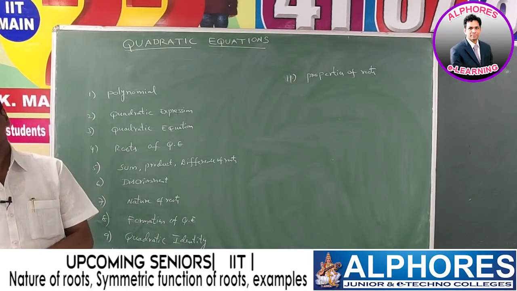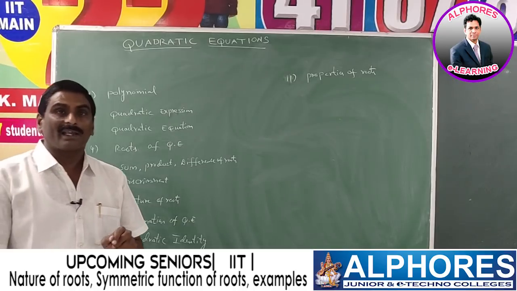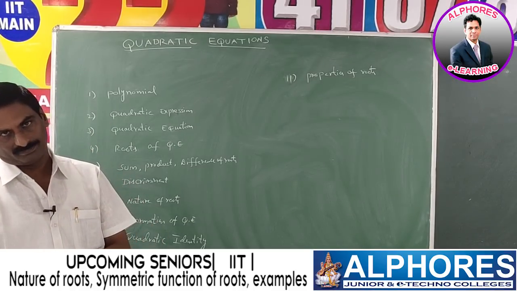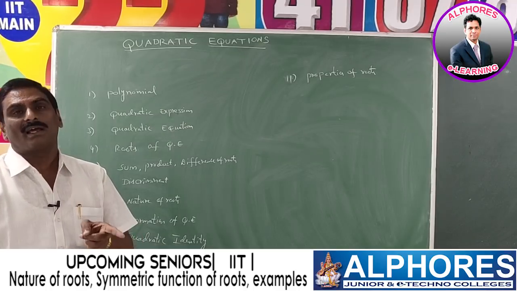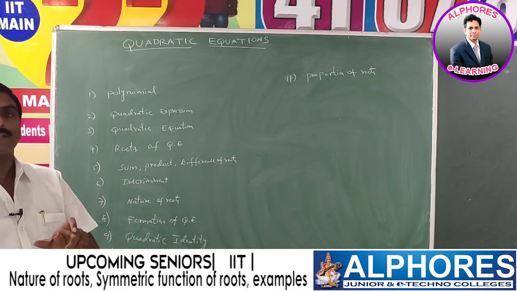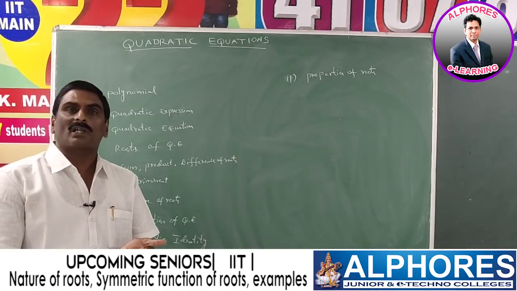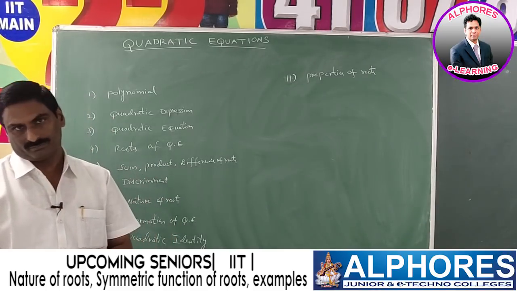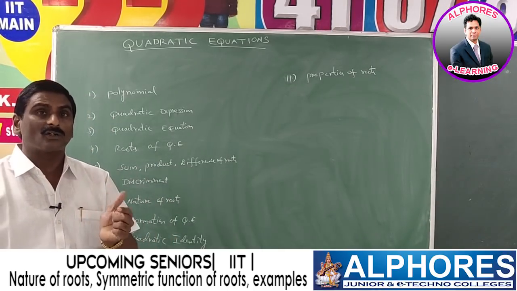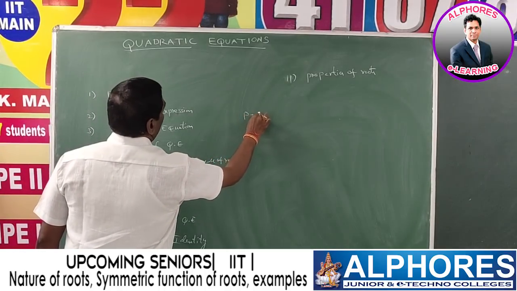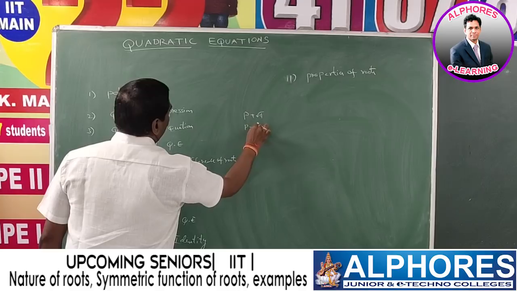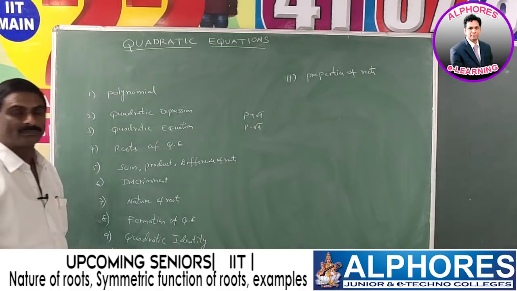If delta is greater than 0 and delta is not a perfect square, then the roots are irrational and distinct. In this case, both roots are conjugate surds to each other. That means if one root is of the form p + √q, the other root must be of the form p - √q.